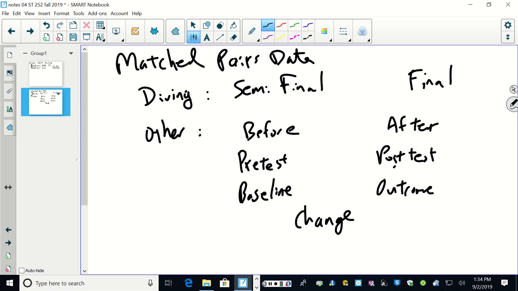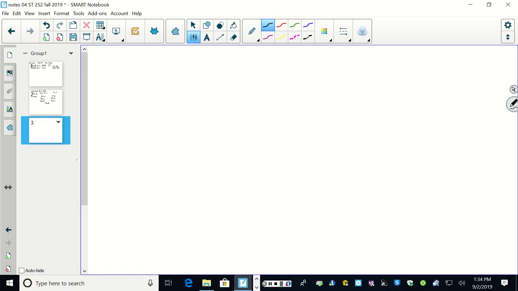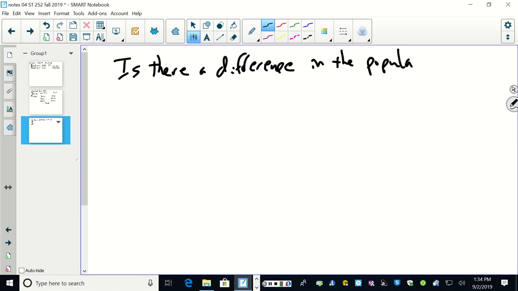The hypothesis that you could be interested in is, is there a difference in the population at the second measurement? Is there a change? One way to conceptualize that is in terms of the average.